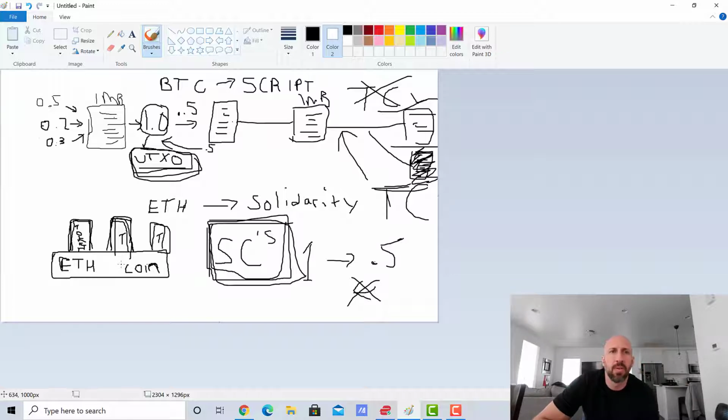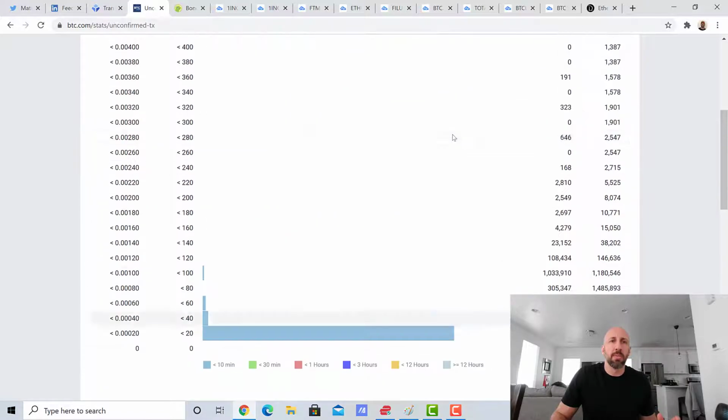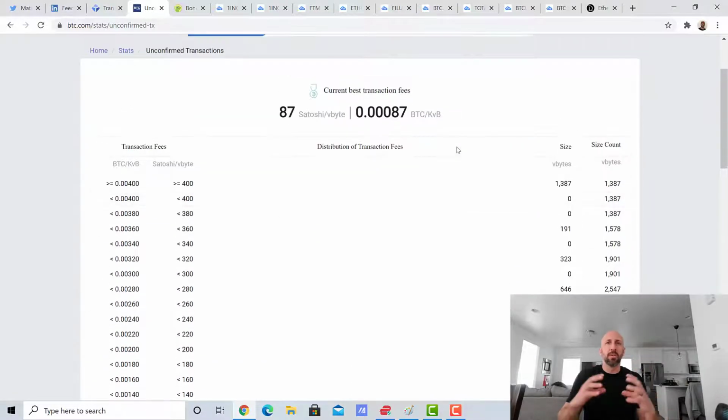But regardless, if you know the recent history, Ethereum's gas prices went up, and why did the fees go up? Well, when there's all these transactions, they're waiting to be confirmed. They go into what's called a mempool, the pool of transactions waiting to be confirmed by miners.